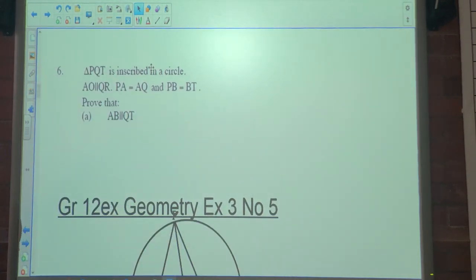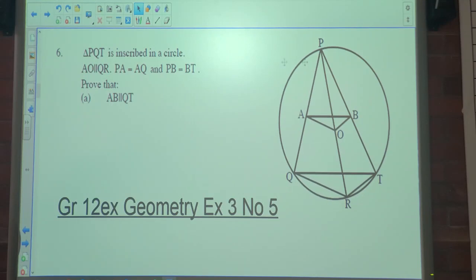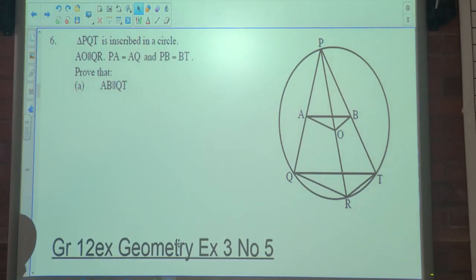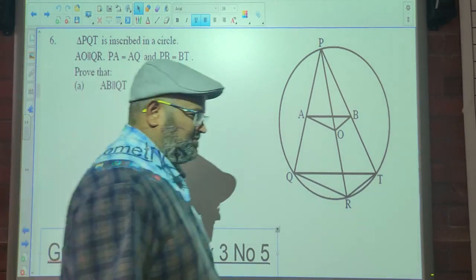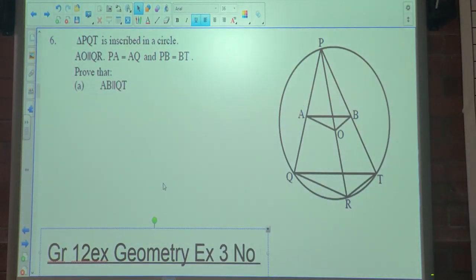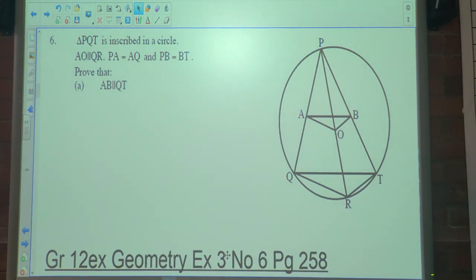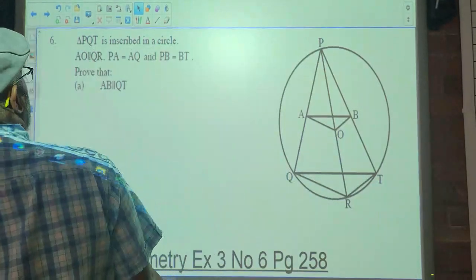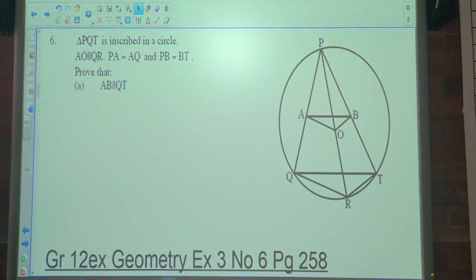Right, let's do number 6. It's also exercise 3. This is on page 258. So we are told that triangle PQR is inscribed. People, what does inscribed mean?